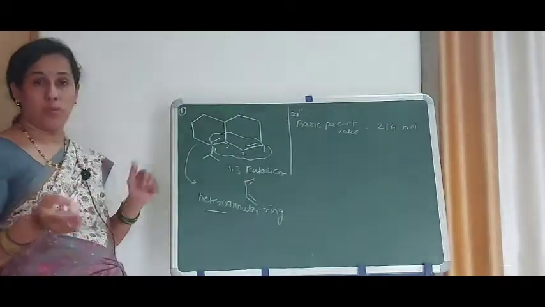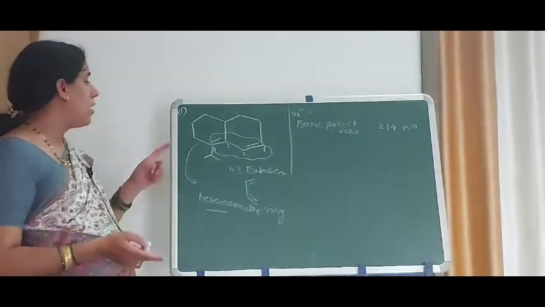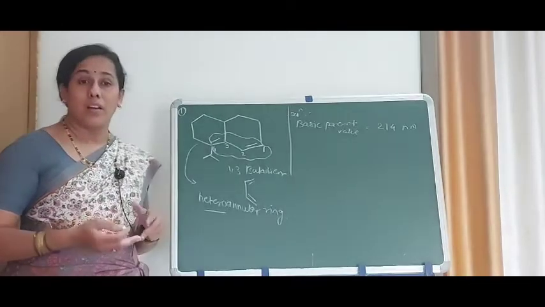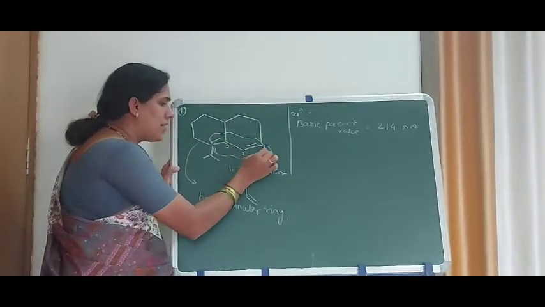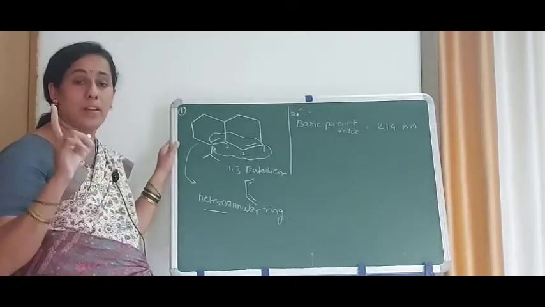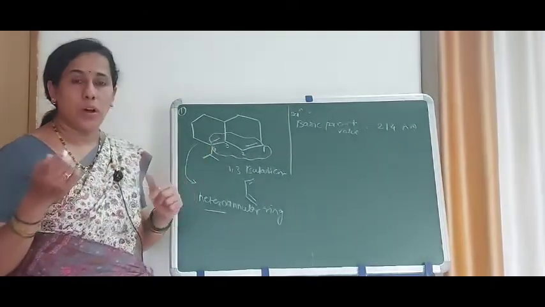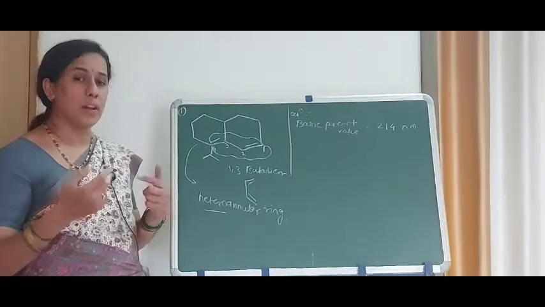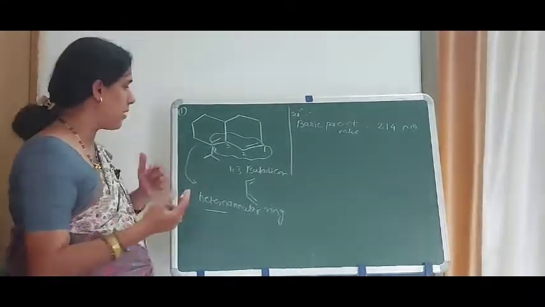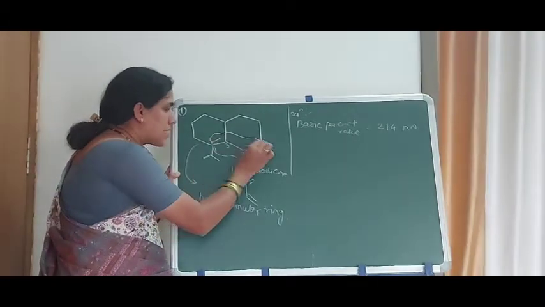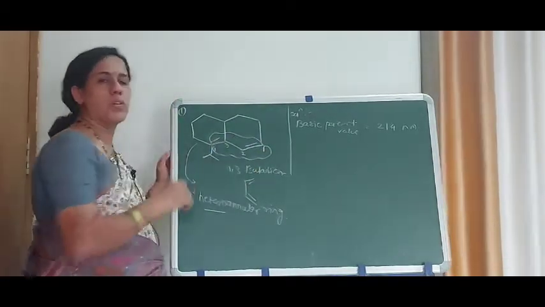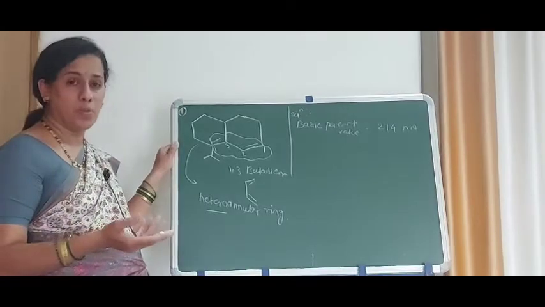Now the next point. What is the next point given to you? If there are alkyl groups or ring residues. After identifying this butadiene structure, you have to focus on the number of carbon atoms attached to the butadiene. Which are the carbon atoms? 1, 2, 3, 4. Except this structure, how many bonds go out from the structure?